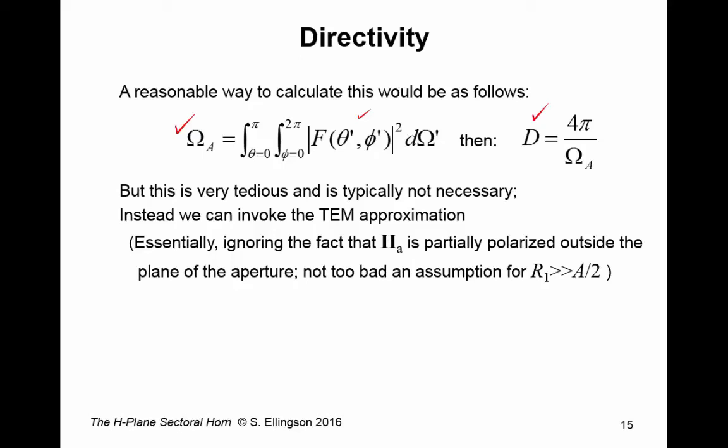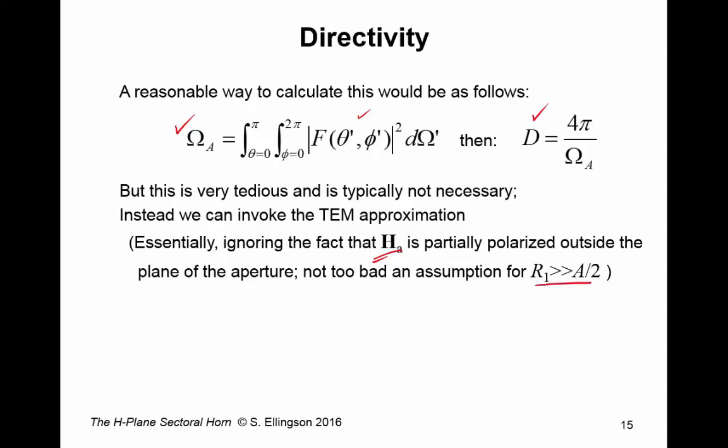Instead, we can invoke the transverse electromagnetic approximation, the very same approximation I spoke ill of a few slides back, but for getting the directivity, it's not a bad way to go. Essentially, when we do this, we'll be ignoring the fact that the magnetic field intensity in the aperture is partially polarized outside the plane of the aperture. This is the problem I pointed out on the previous slide.